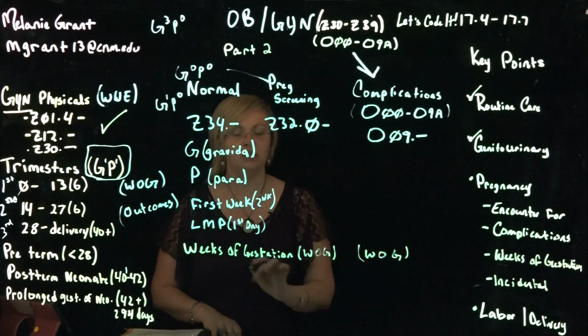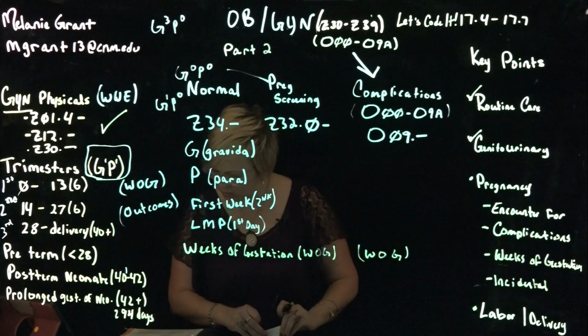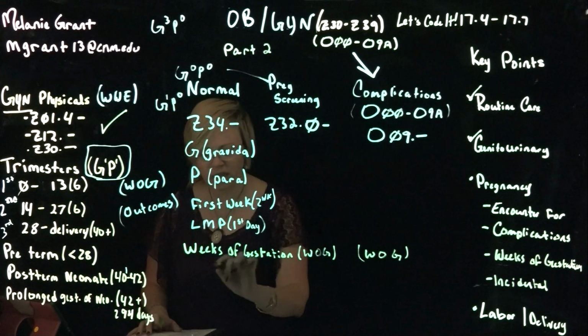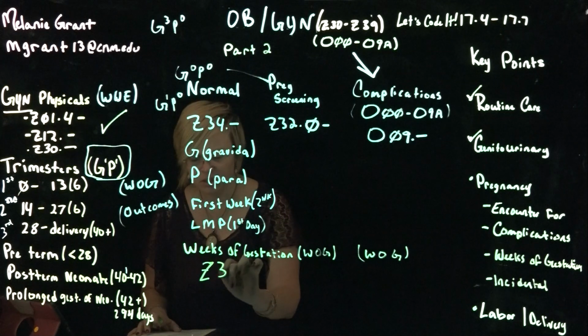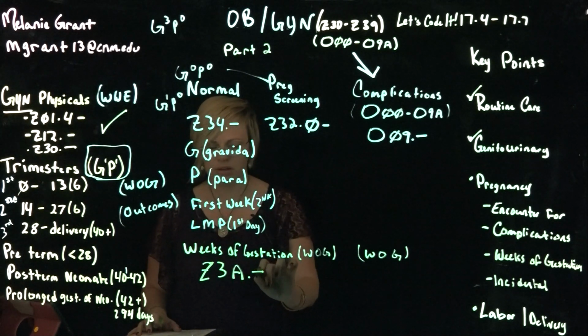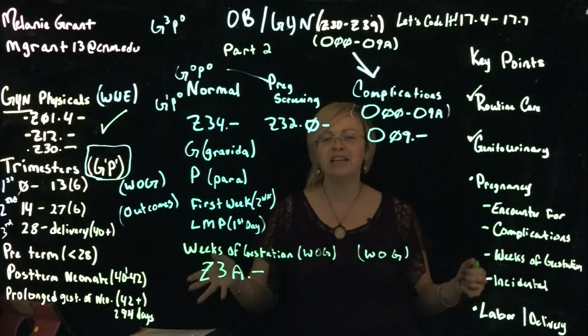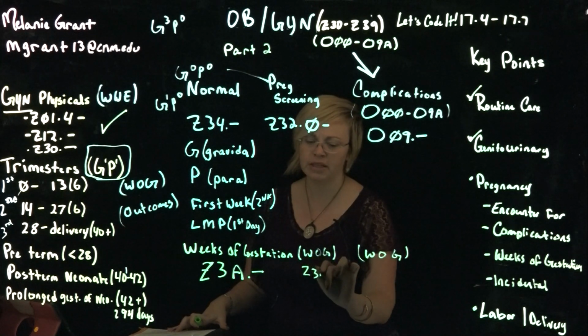And this is going to be your weeks of gestation. If we flip one page, is your Z3A's dot. Okay, so this is one of those areas where we're more alpha than numeric. And if you look at Z3A dot, this one is one of the easiest ones to remember. So Z3A dot, what week is it?